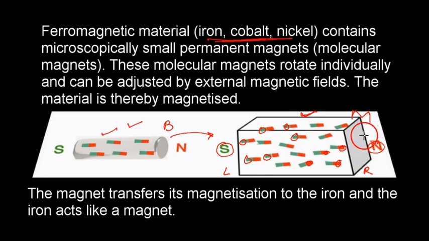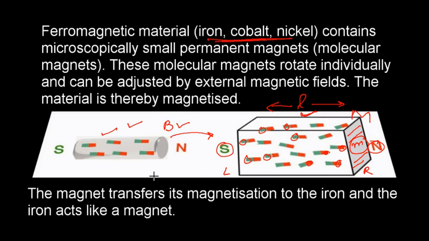Some magnetic moment means this piece acquires some pole strength. Let us call the pole strength small m, and the distance is L. So the pole strength m develops because of the B.